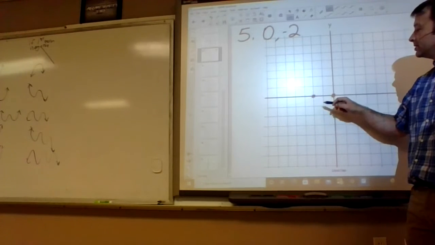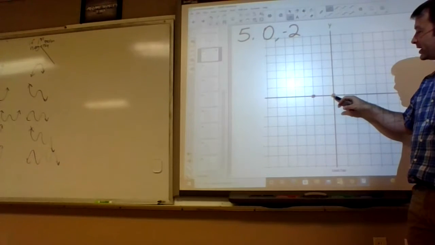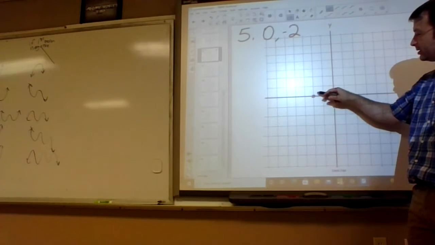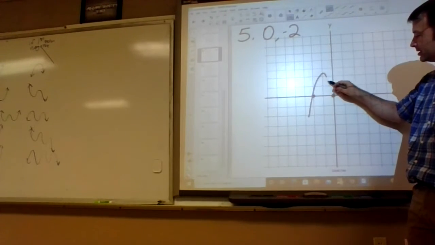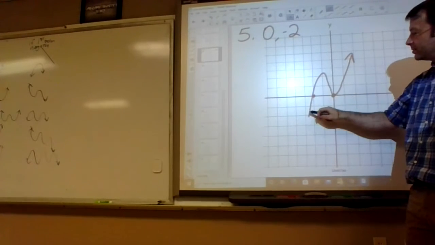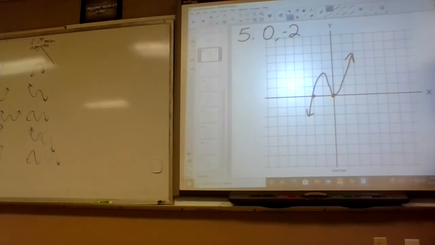It bounces. Instead of going through at 0 like it would normally, it's going to be tangent to the line and then bounce up and go back the other way. So it's only touching twice. Wow, it's like a trampoline.